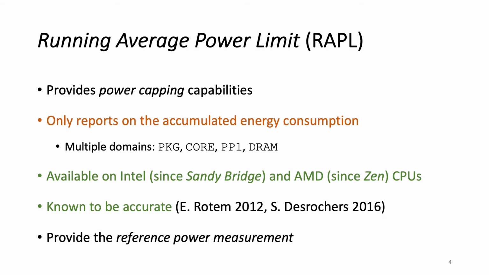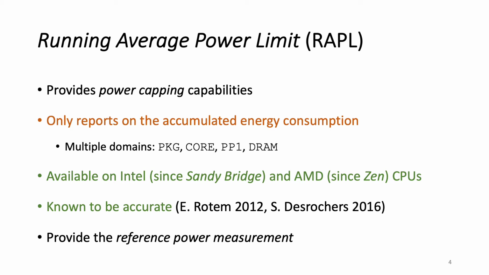SmartWatts is based on the Running Average Power Limit feature, RAPL, which provides power capping capabilities, but it can also report the accumulated energy consumption for multiple domains like the package, the core, the integrated graphics, and the memory. It is available on Intel CPUs since Sandy Bridge and AMD CPUs since Zen. It is known to be accurate.